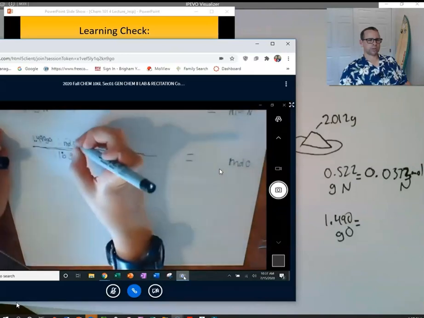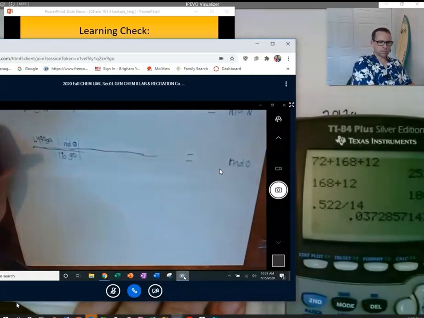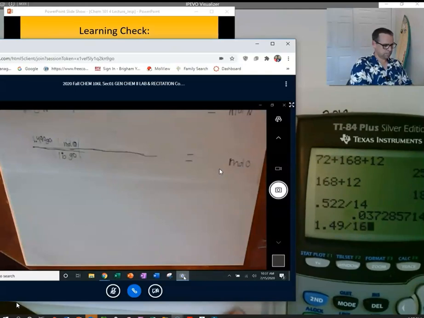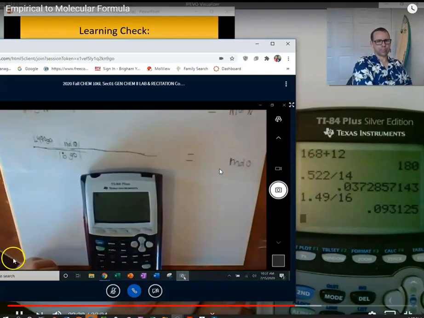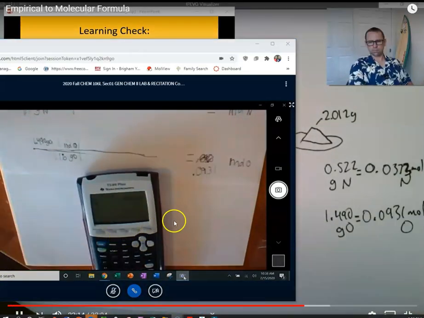All right. So in the calculator, all we got to do is take our 1.490 and divide it by our 16, right? So I got 0.093125. Okay, very good. So 0.093 moles of oxygen.